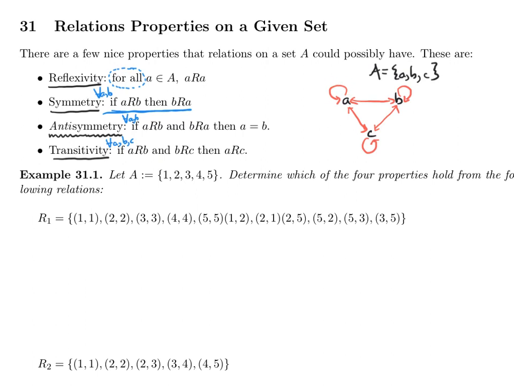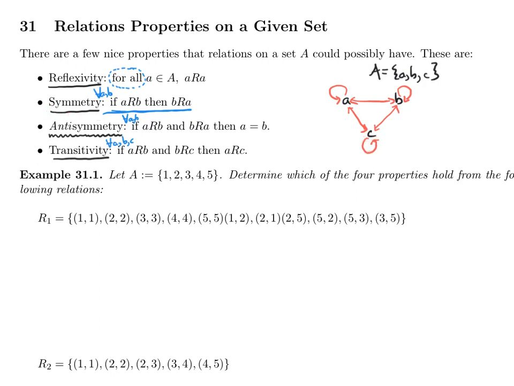We have AA, BB, CC, AB, BA, AC, CA, and BC, CB. So we have them all. Sorry, I should have said BC, CB here. Okay, well, this relation is reflexive. For every element in our set A, each element is related to itself. So this relation is indeed reflexive.